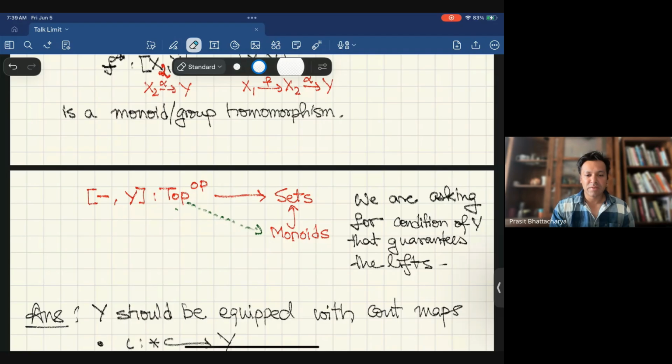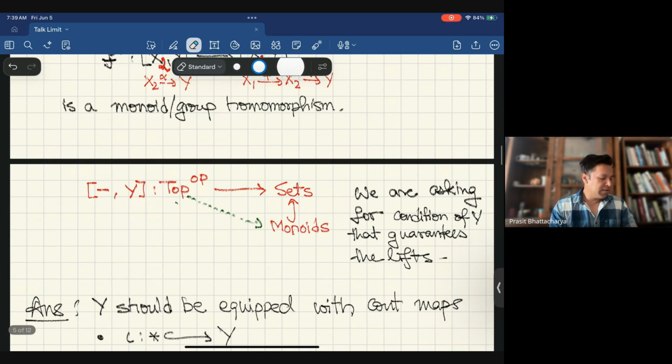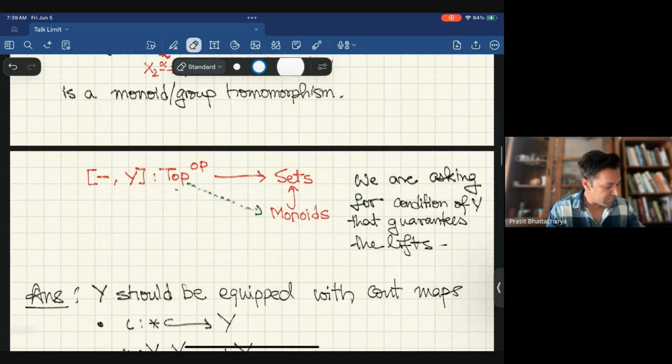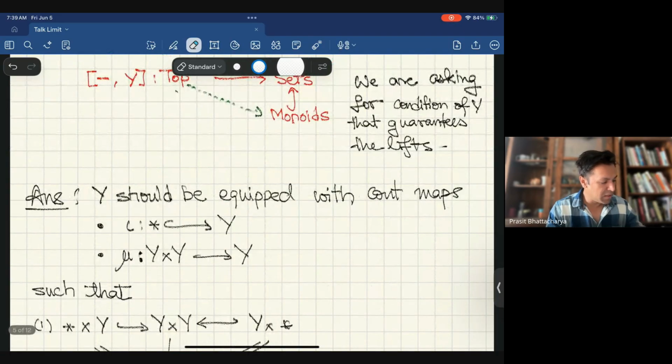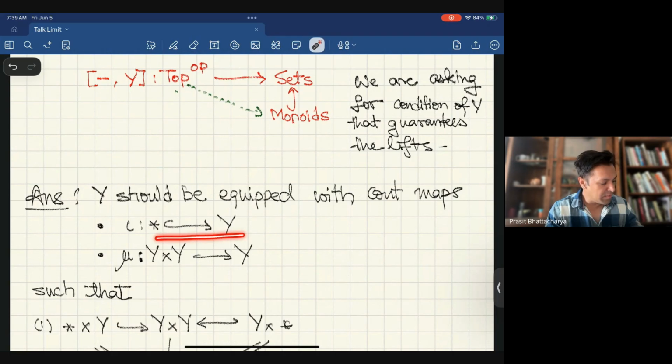Okay. So actually, the answer is not complicated, because we have already done the homework at the beginning of this talk. What y should satisfy in order for it to satisfy this condition? The answer is that y should be equipped with a unit and a multiplication.